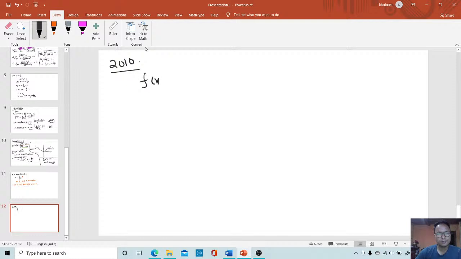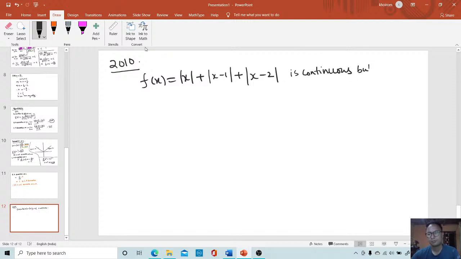So the function is modulus of x plus modulus of x minus 1. The function is continuous but not differentiable at x equal to 2.